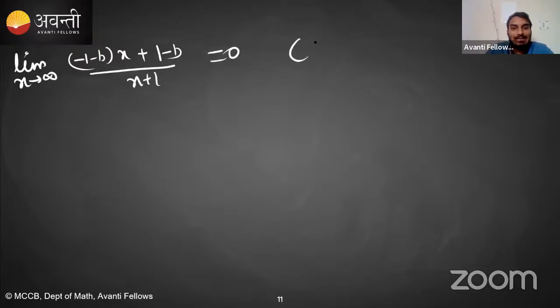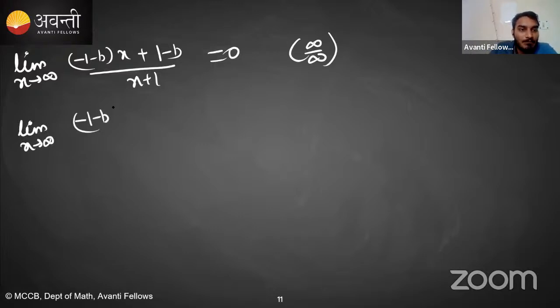So now again this is an infinity upon infinity form, but the coefficient of the highest exponent in the numerator and in the denominator is equal. So what will we do? Divide the numerator and denominator with x, right? So this will become minus 1 minus b plus 1 minus b upon x divided by 1 plus 1 upon x.